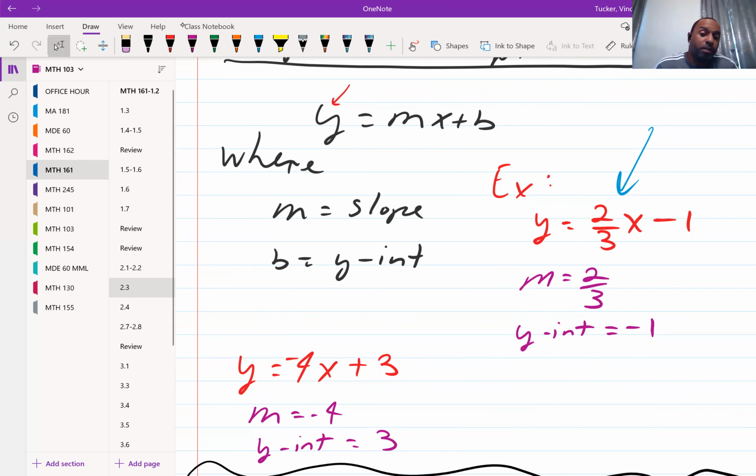What's in front of x is your slope, which is -4, and then the other number, 3, is your y-intercept. Once again, that's if you have solved your equation for y. Any questions?